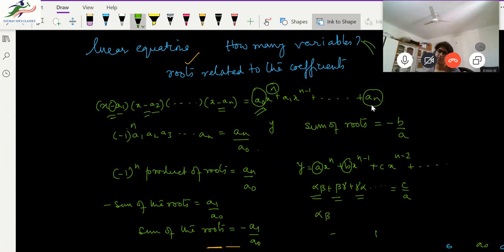And alpha, beta, gamma will always be equal to the last term, which is the constant term, divided by A into -1 to the power n. So this will vary between positive and negative depending on n. Clear?